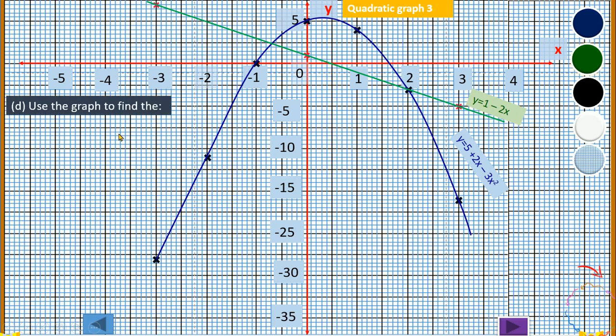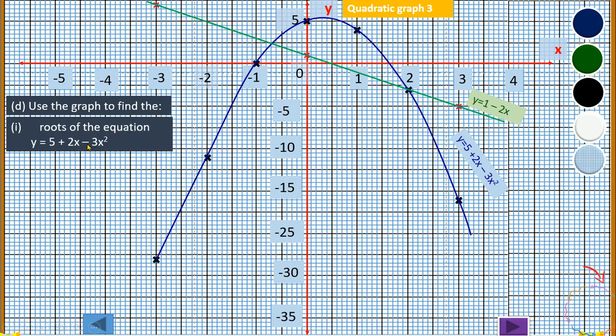questions. Question D. Use the graph to find the roots of the equation y is equal to 5 plus 2x minus 3x squared. Looking at that, the first point where the blue quadratic curve crosses the x-axis is at minus 1. So that means the first root is minus 1.